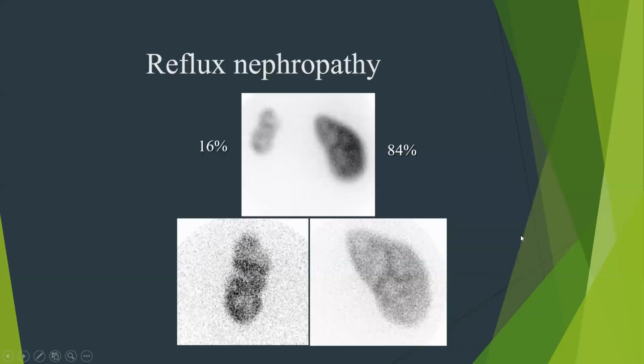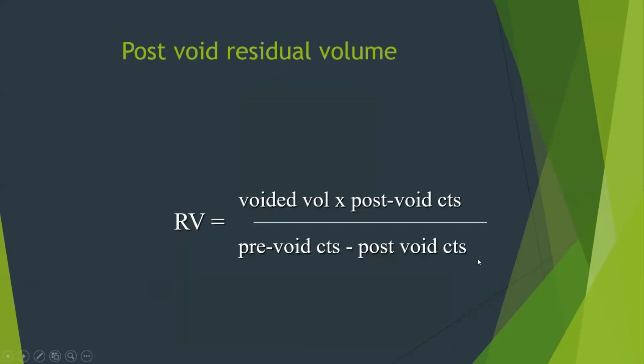This is what a scan looks like for a reflux nephropathy. We can see on the right side the kidney is absolutely normal in contour, with homogeneous tracer uptake, and there are no perfusion defects. And on the left side, there are multiple wedge-shaped defects. We can see cortical scarring, multiple cortical scarring on the left side.